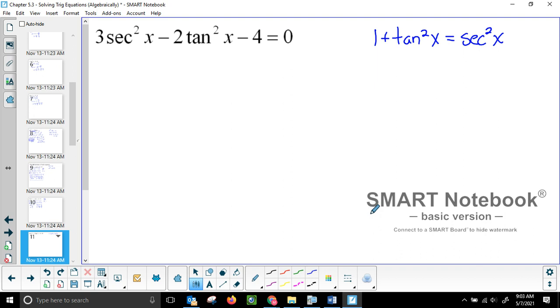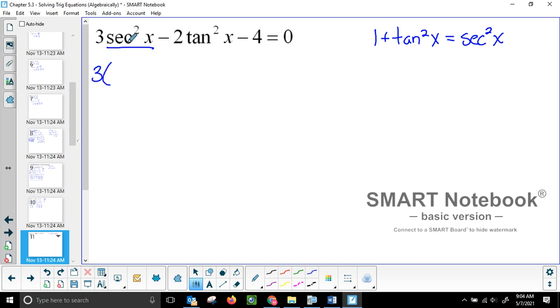As I always say in mathematics, whenever two things are equal to each other, they are interchangeable. So wherever you see one, you're allowed to put the other. Well, wherever I see a secant squared x, I'm allowed to replace it with 1 plus tan squared x. I see a secant squared x here, so I'm going to replace it.